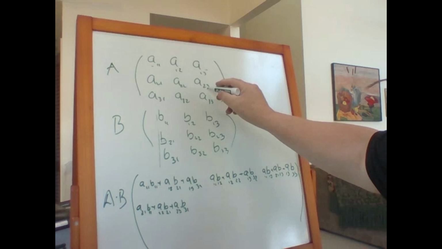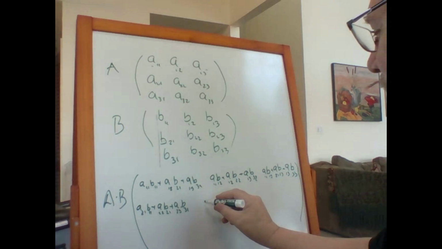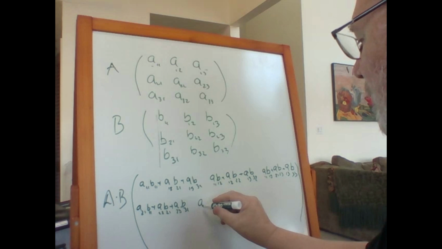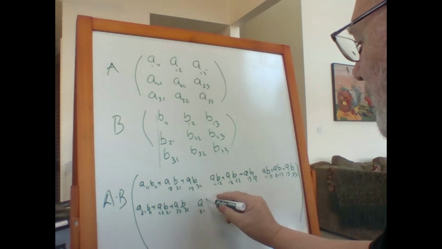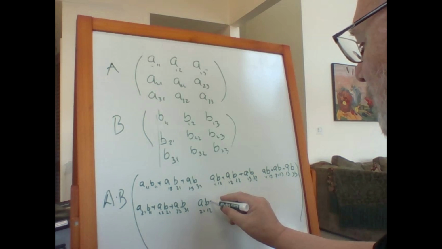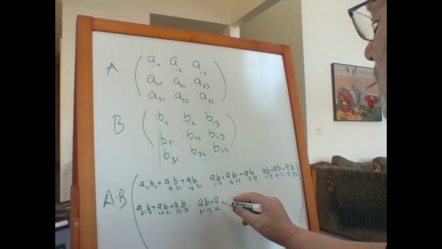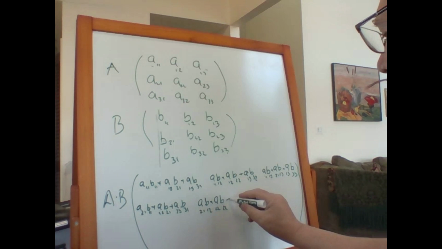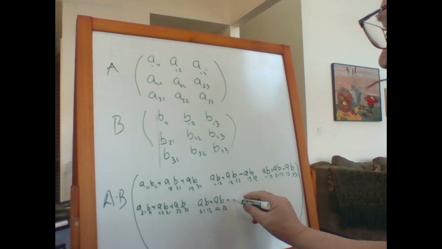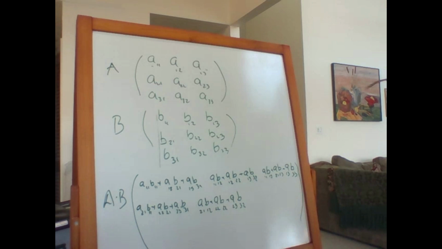Now we multiply the second column: A2,1 B1,2 plus A2,2 B2,2 plus A2,3 times B3,2.